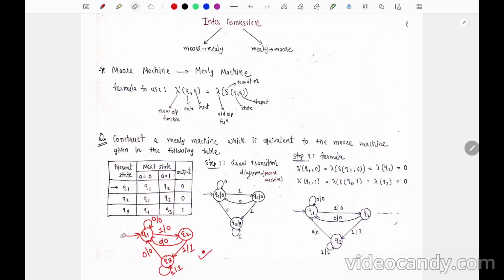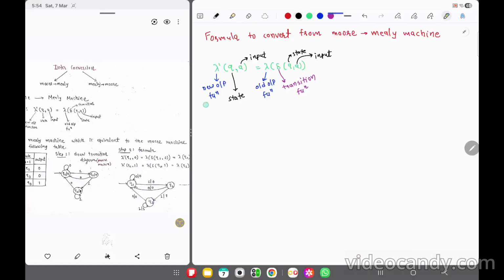Now we will see how we can use the formula and get this diagram from the formula. We will use this formula to convert from Moore to Mealy machine. This formula we will use for every state with every input.